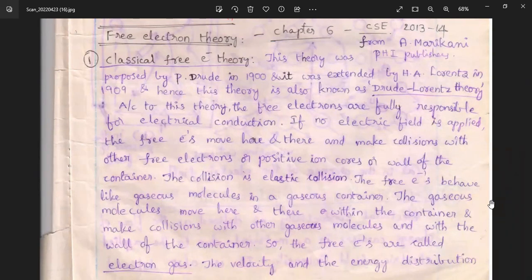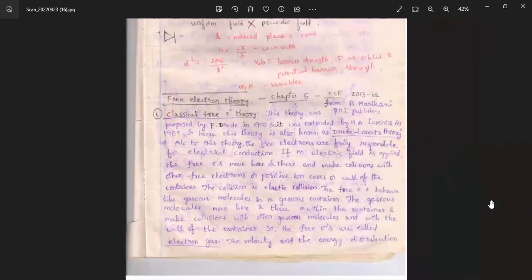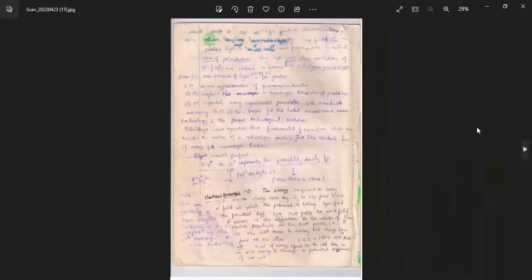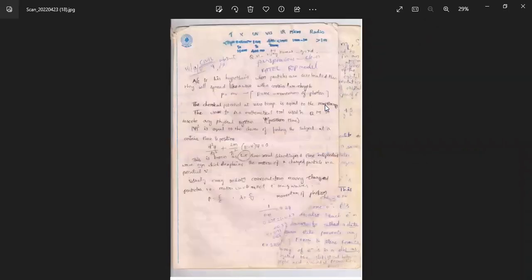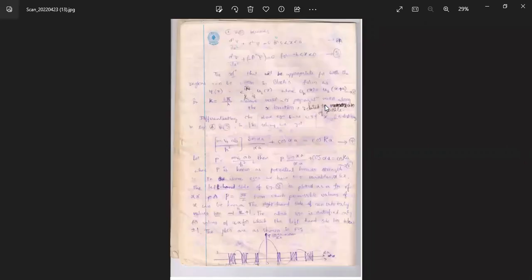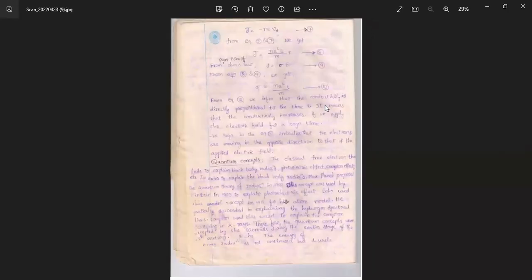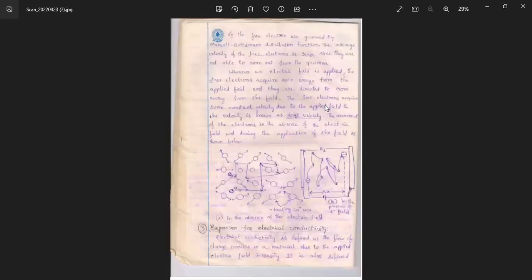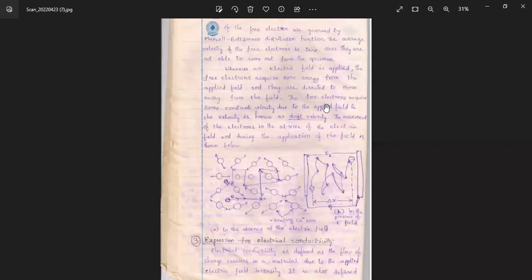The velocity and energy distribution of the free electrons are governed by Maxwell-Boltzmann distribution function.